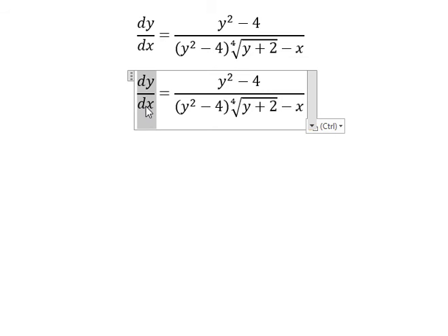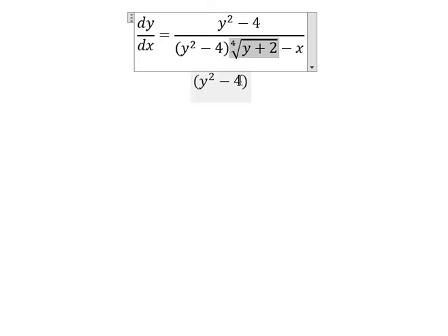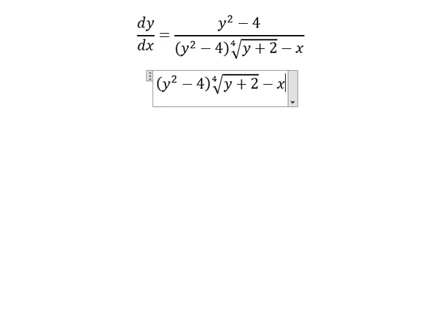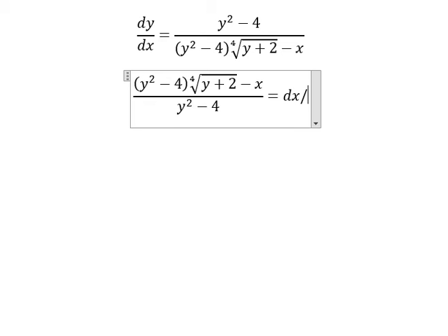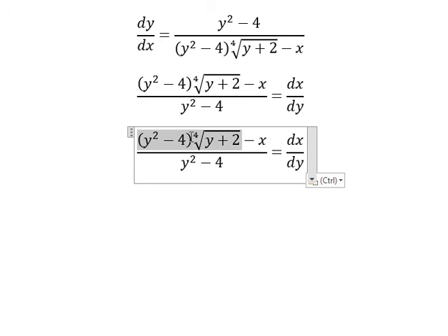We put dy/dx to the right, this one will go to the left, and they will be like this. So this one divided by this one, s divided by y squared minus 4.